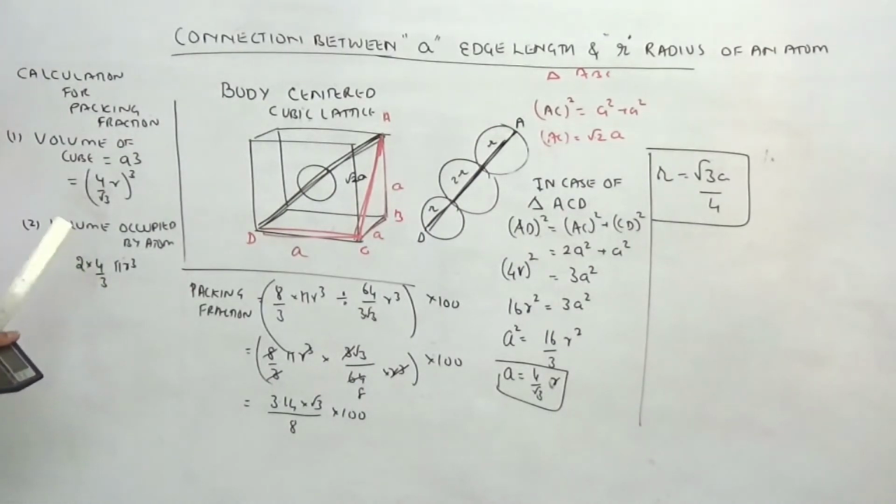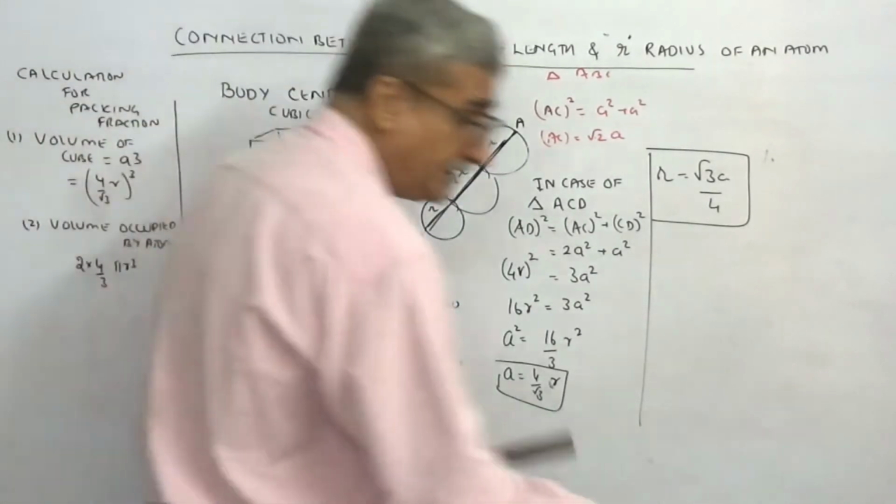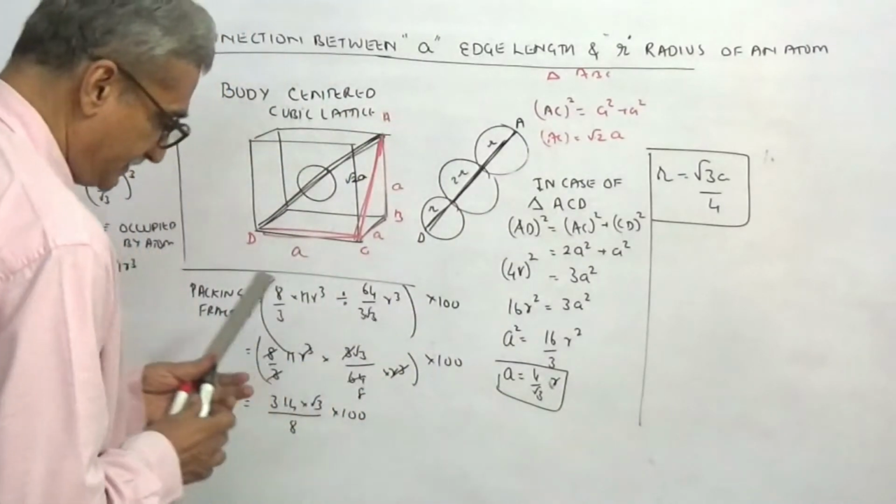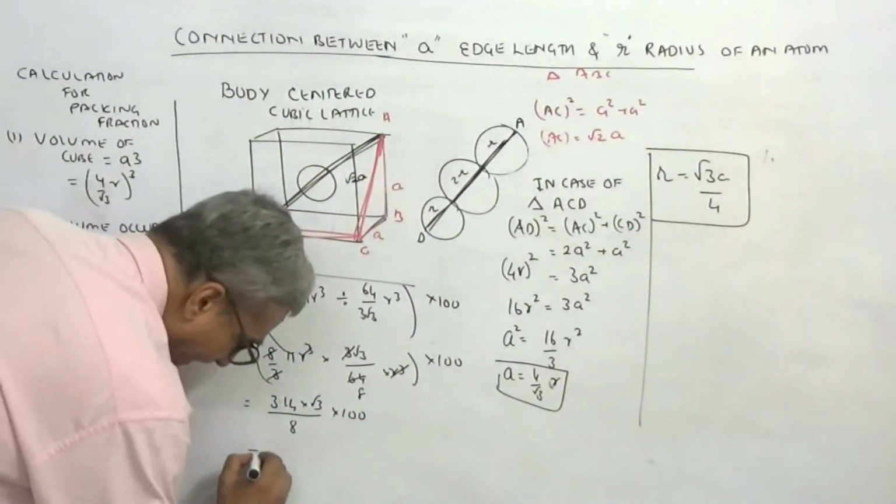Something is wrong. Root 3 is how much? 1.732 into 3.14 divided by 8 into 100. So this is 67.9.